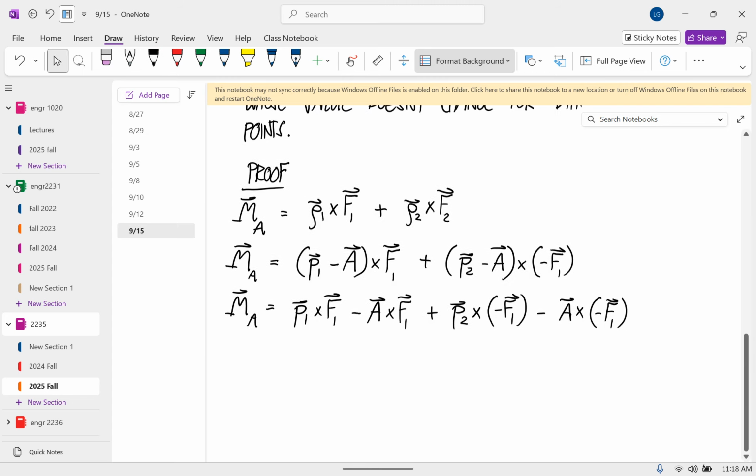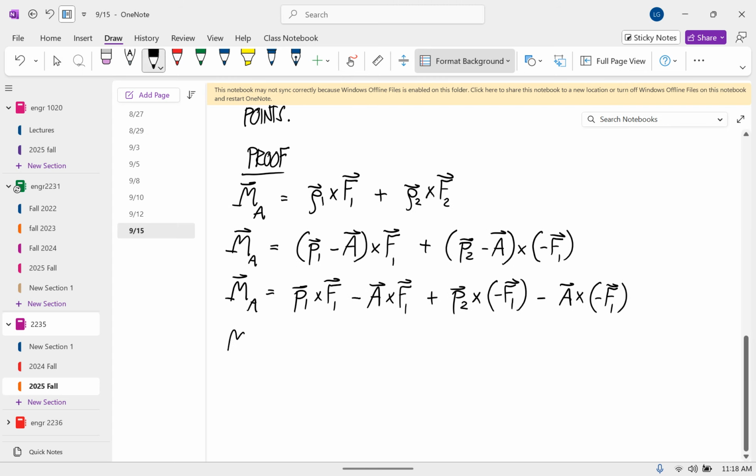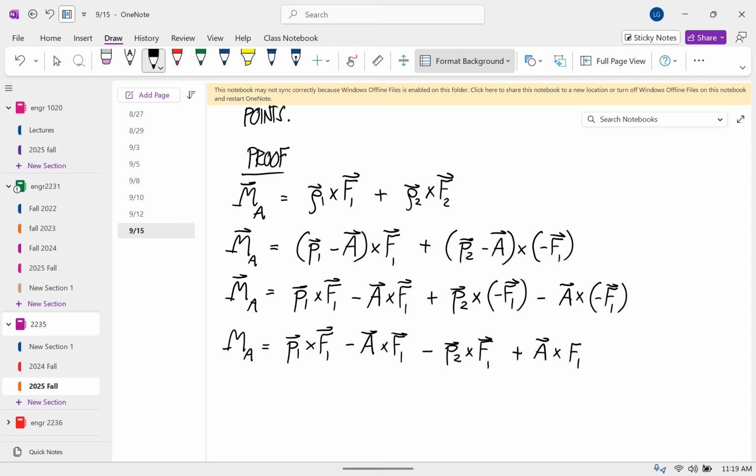Cross product, that works fine too. So MA is equal to P1 cross F1 minus A cross F1 minus P2 cross F1. And then this is a double negative, so plus A cross F1.